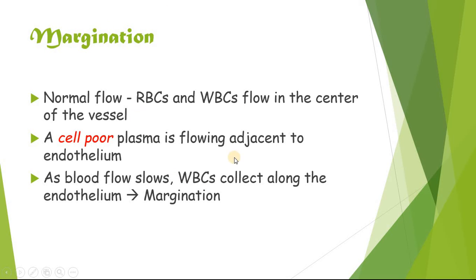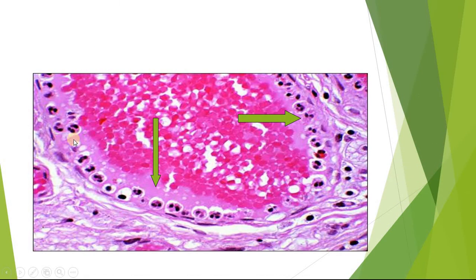Margination. When more white cells, leukocytes, take a peripheral position along the endothelial surface, it is known as margination. RBCs are in the center, whereas leukocytes take a peripheral position.